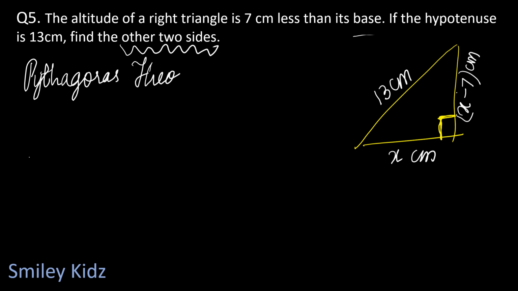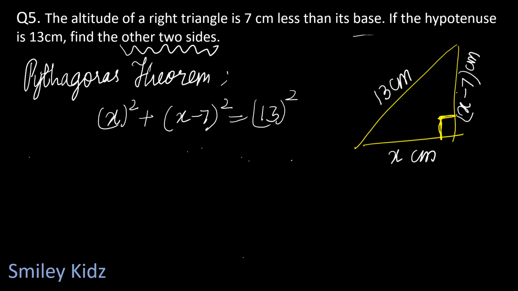Using the Pythagoras theorem, we have base square plus altitude square is equal to hypotenuse square. So it's going to be x square plus (x minus 7) whole square equals 13 whole square. This turns out to be x square plus x square minus 14x plus 49 equals 169.